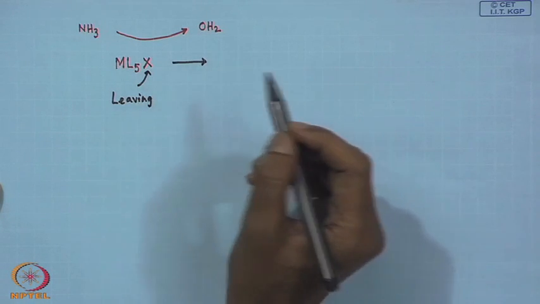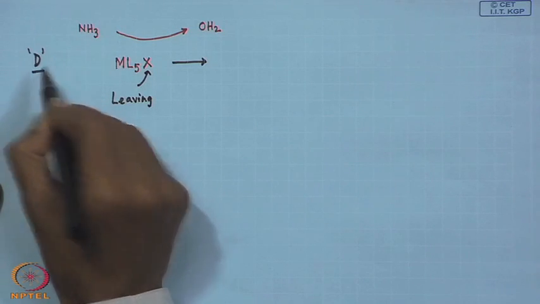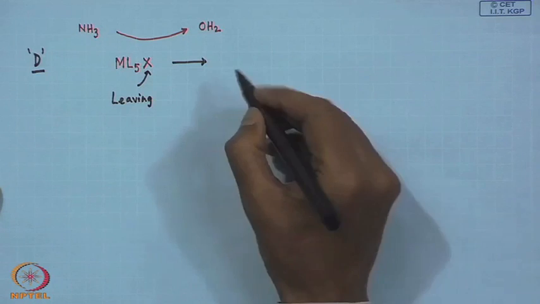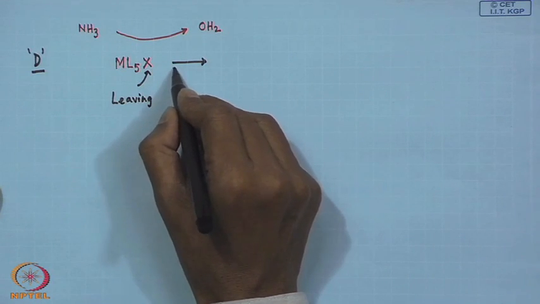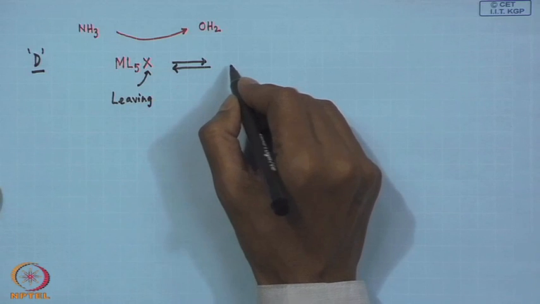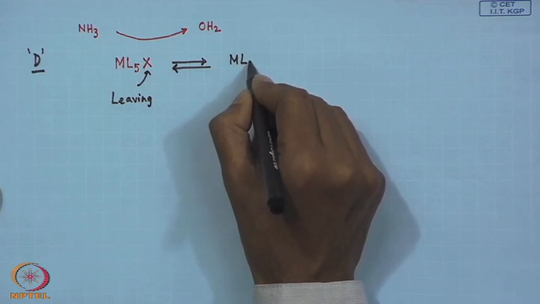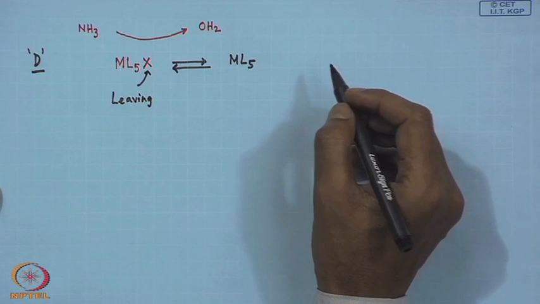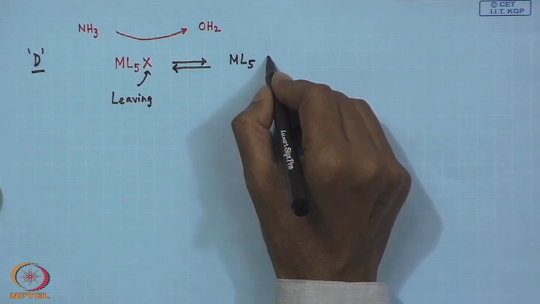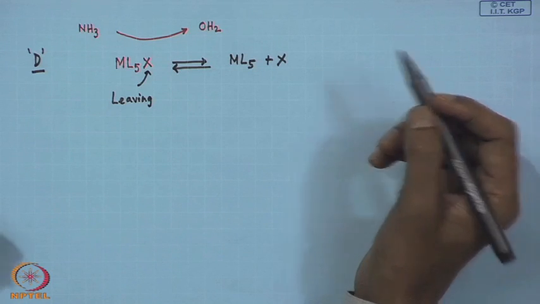This mechanism is dissociative in nature, that means the mechanism is D, and we can have two ways of this reaction for this dissociation, where we get ML5, where L are the spectator ligands and X is completely dissociating from the system.